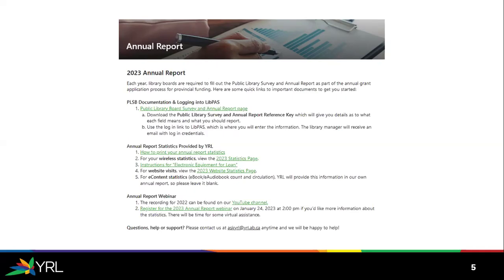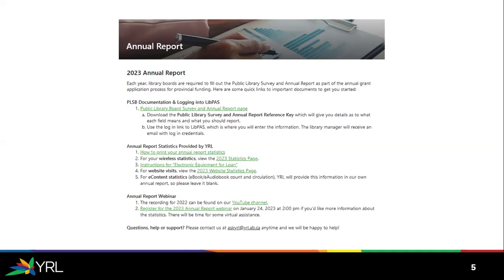There is mention of a reference key. The reference key is kind of an optional document. It helps to clarify some of the things in the annual report, but when you go through the annual report itself, there's descriptions in all of the headings that help to explain things. So you don't necessarily need to use that reference key.